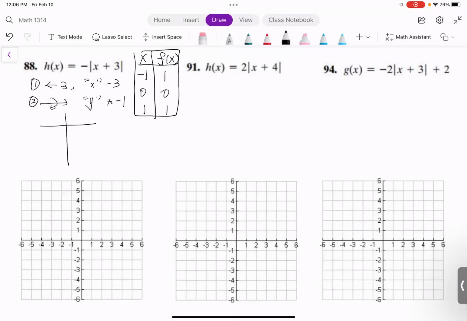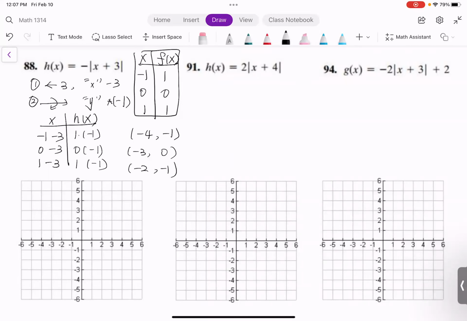So the new key points: all the x minus 3, -1 minus 3, 0 minus 3, 1 minus 3. And all the y multiplied by -1: 1 times -1, 0 times -1, 1 times -1. Let's see the new key points. They are -4, -1, -3, 0, -2, -1.